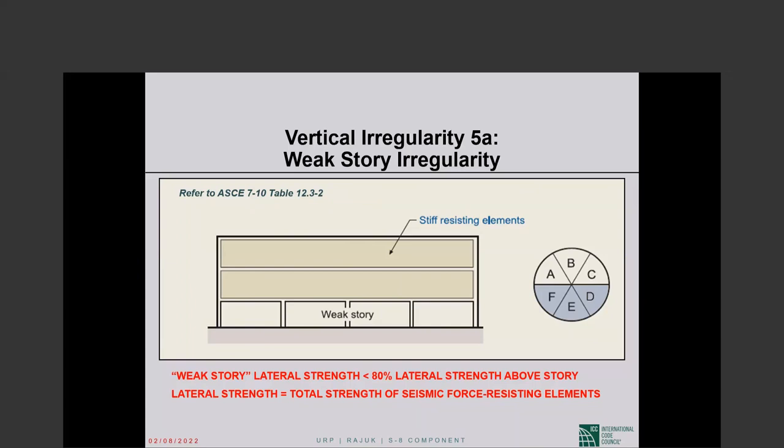The second line is what I just told you. Lateral strength is the total strength of seismic force resisting elements. So weak story means lateral strength is less than 80% of the lateral strength of the story above.